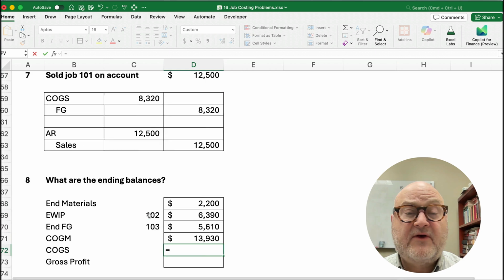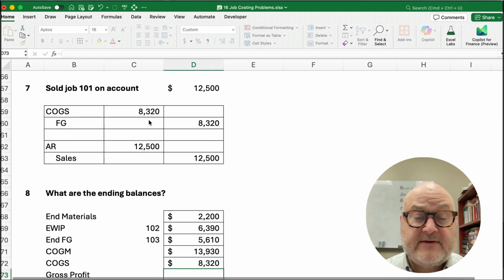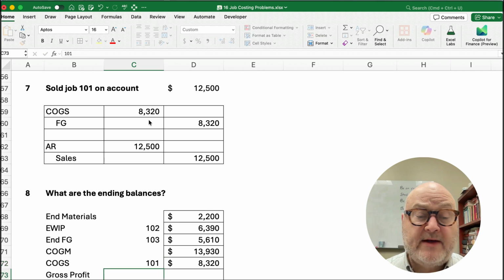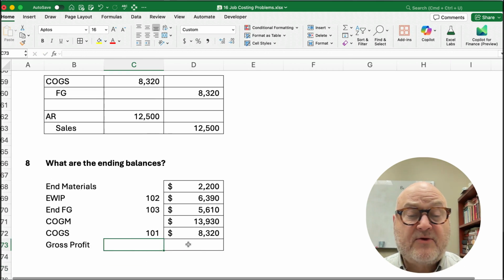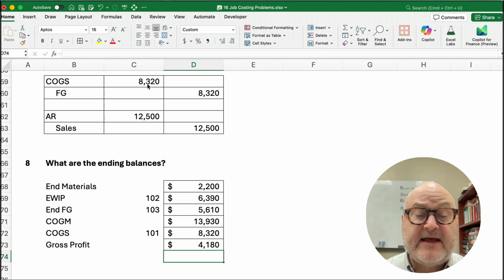Well, our cost of goods sold is the cost of job 101, right? This is what happened to 101. And then what is our gross profit? Well, our gross profit is going to be our sales, 12,500 minus our cost of goods sold of 8,320. So we made a $4,180 profit on job 101.